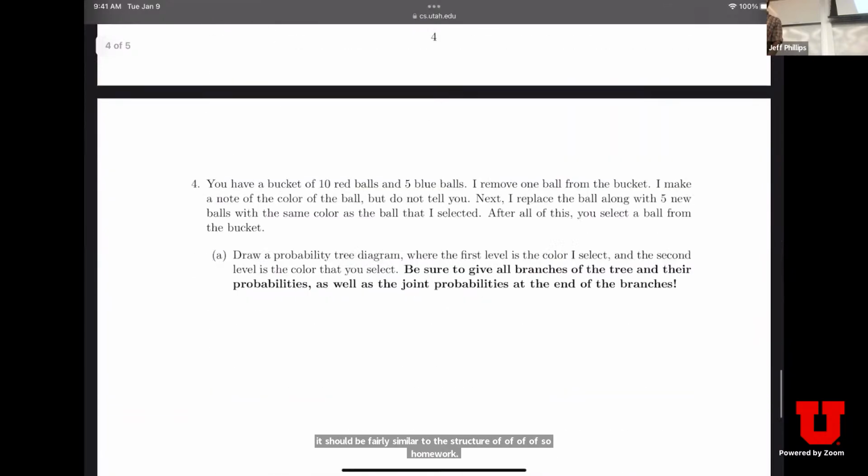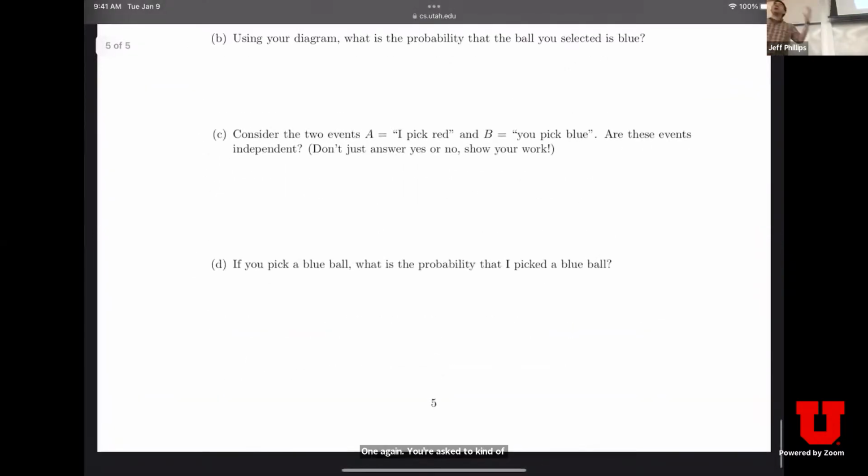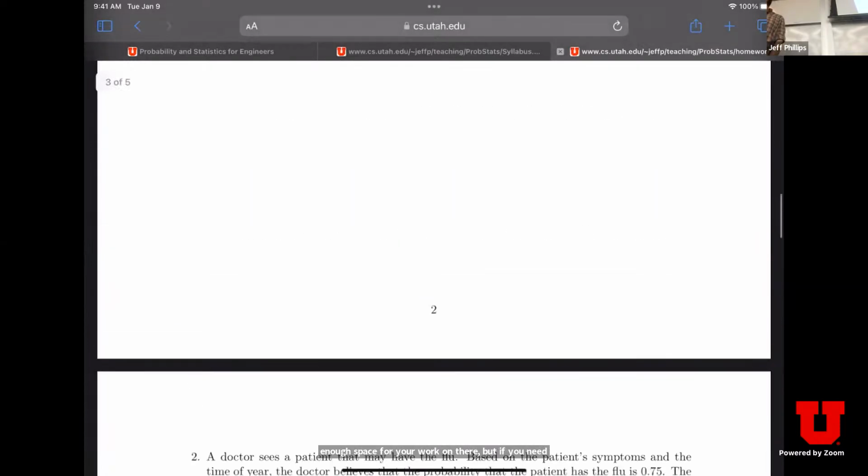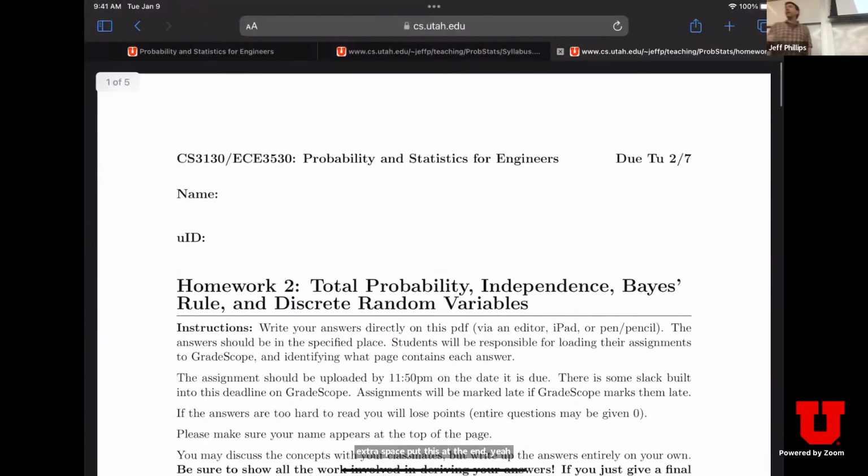Again, you're asked to write on the page and make sure you upload all 5 of the pages. If you have extra work outside the space, I hope we've given enough space, but if you need extra space, put it at the end. That'll be due in about a week and a half.